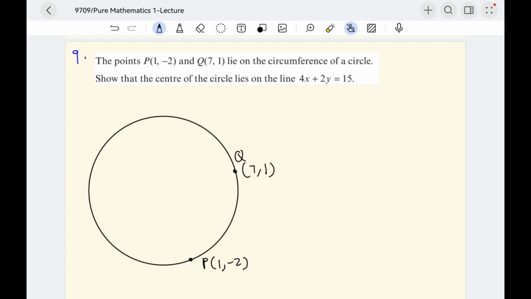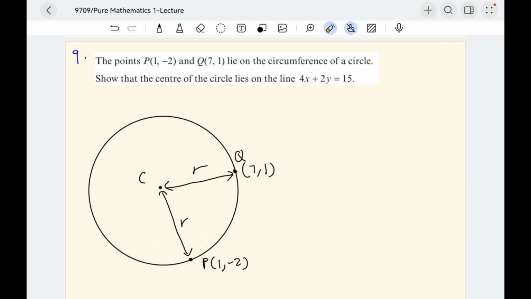Geometrically, these two points, P and Q, apparently are not on a straight line. But you know that P and Q lie on the circumference of the circle. That means you have a center here with a radius r. So what does it mean? It means this distance is the same as this distance.